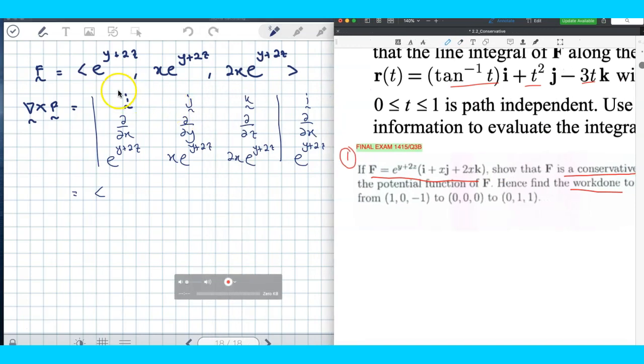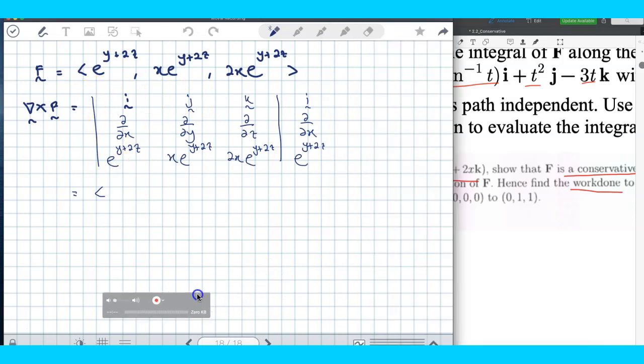Firstly, we want to show that the given F is conservative, so you have to be careful about the way you rewrite the vector function given. We implement the curl of F. Normally in the exam the given vector field will be conservative, because there are so many interesting things that can be done afterward.